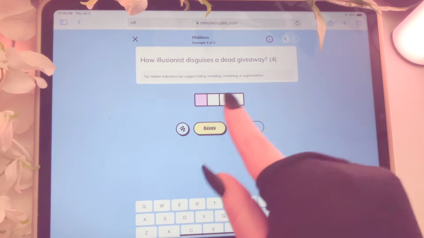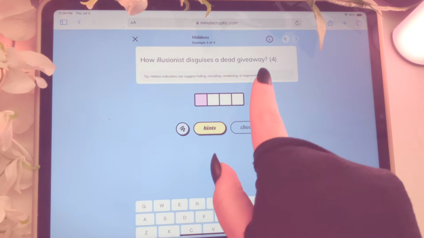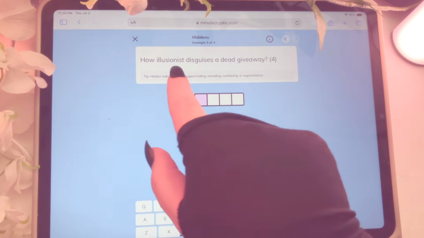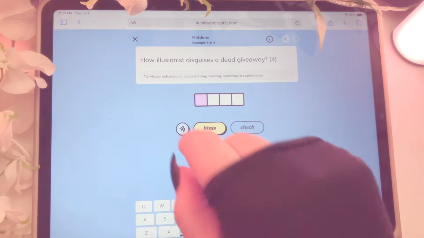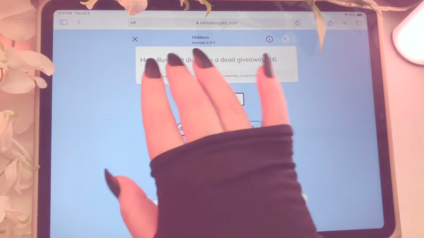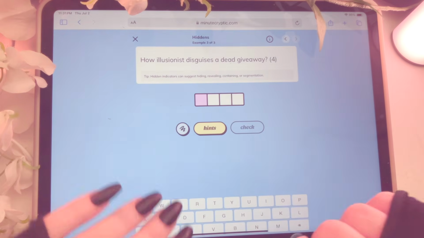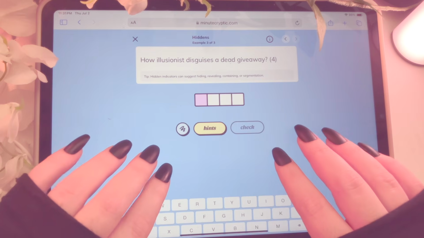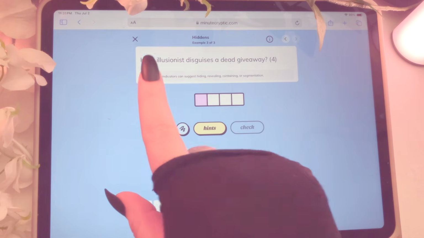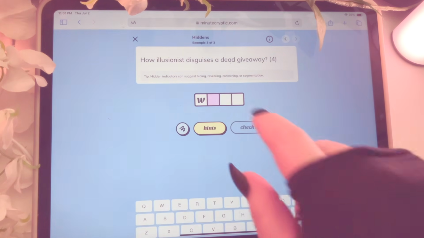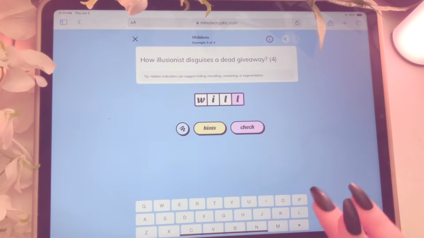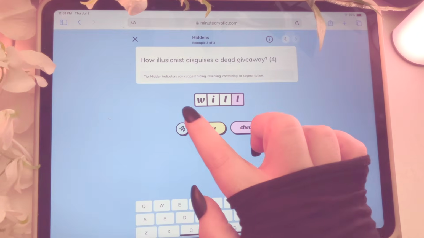I believe what I was saying was that, yes, "how illusionist" is disguising, meaning it is the fodder, the answer is contained in the letters here, split across the words "how" and "illusionist." I believe we take just the W from "how," and the very beginning of "illusionist," which gives us the word "will."